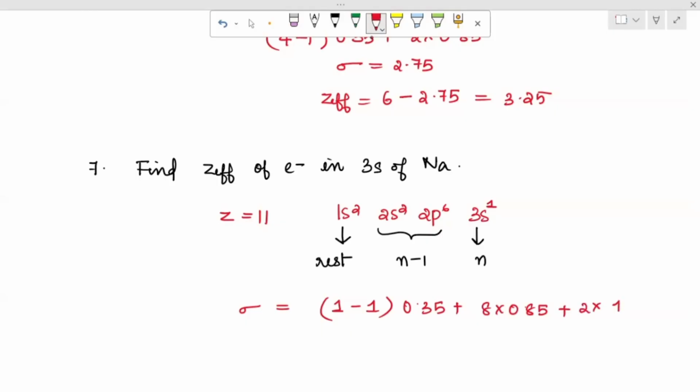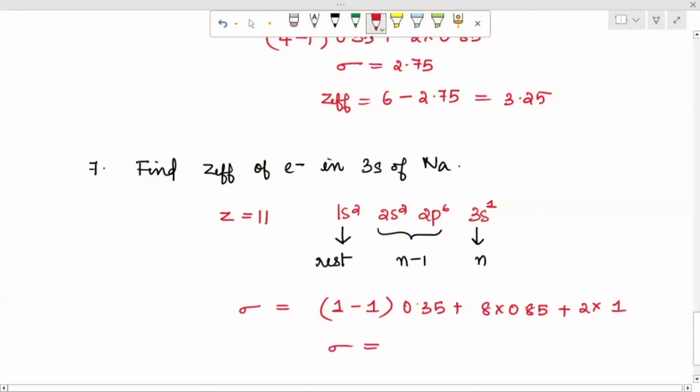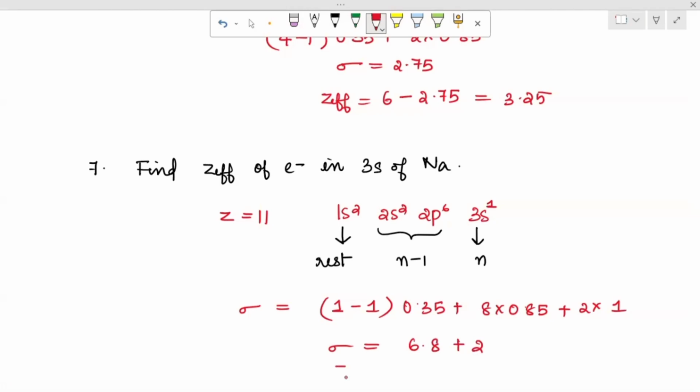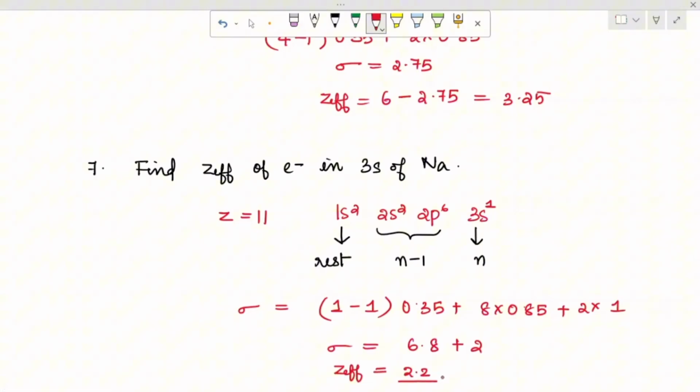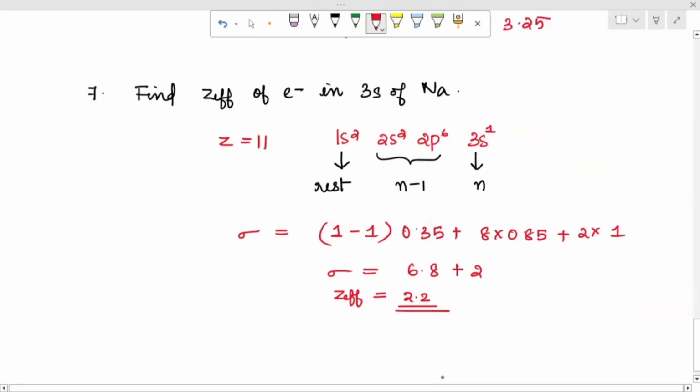So 2 into 1. Okay, so 0.85 into 8 is 6.8 plus 2, which is equal to 8.8. And your Z effective is only 2.2. 11 minus 8.8 is 2.2. I hope you're getting it. Right.